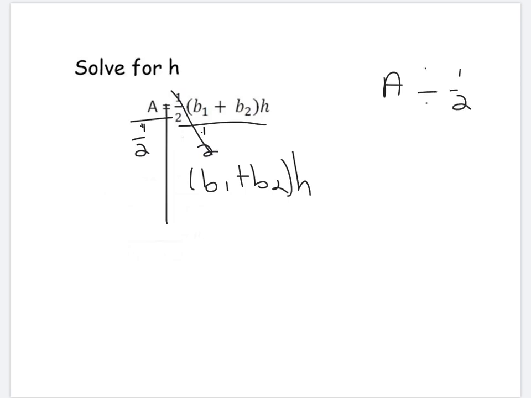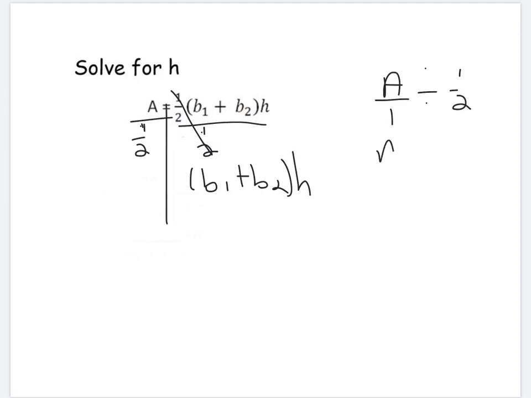Now remember the rules for division of fractions. First of all, if you're going to divide fractions, both numbers have to be fractions. So I can make A a fraction by putting it over 1. So I have A over 1 divided by 1/2. The rule for dividing fractions is keep, change, flip.